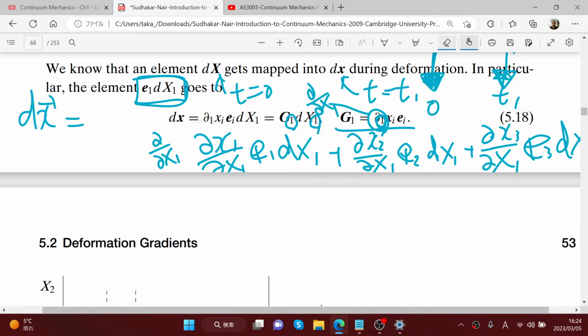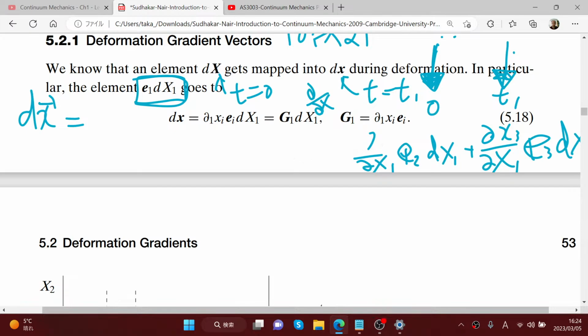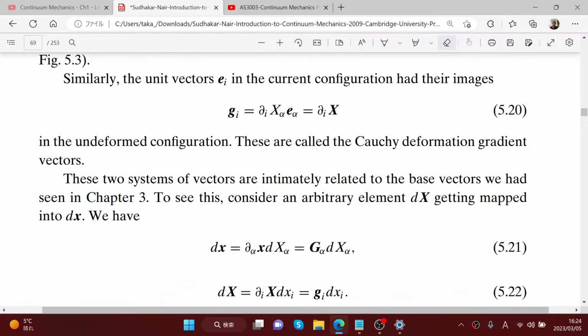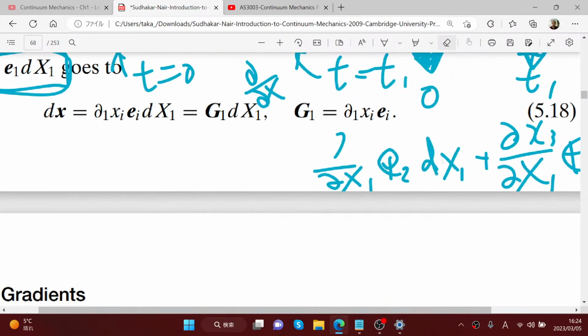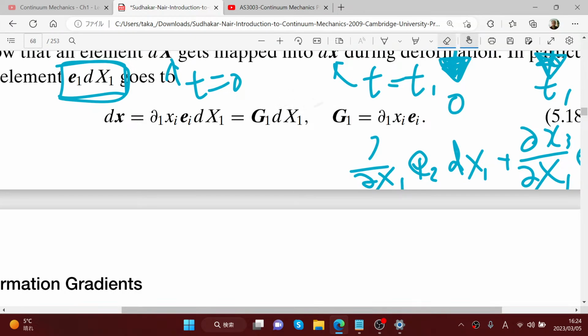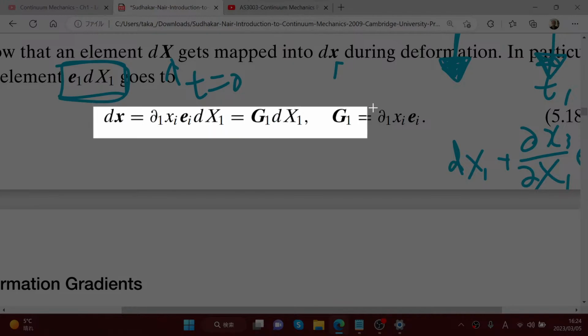What is the difference? It's confusing. So we take this guy.